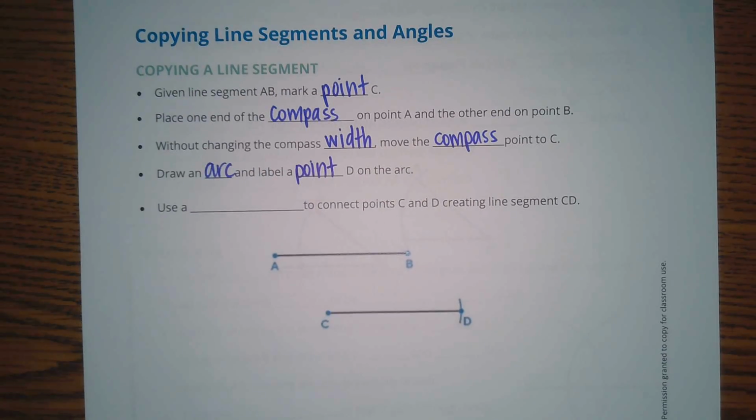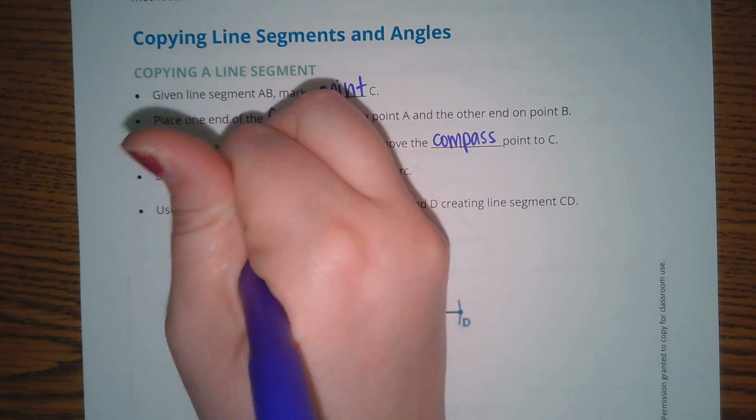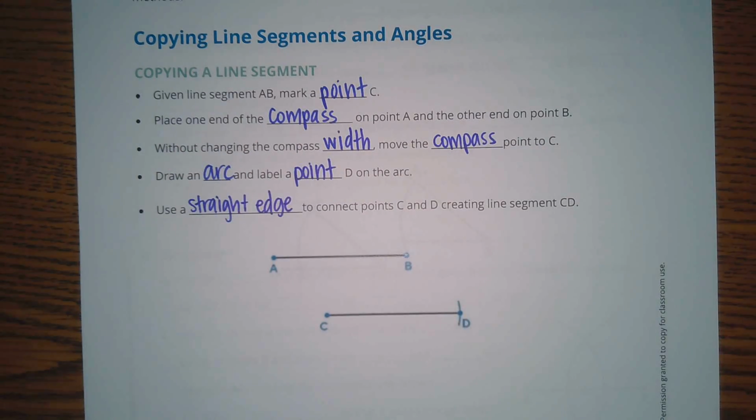Then you're going to use a straight edge to connect points C and D and create a line segment CD. Now a straight edge could be something like a ruler or the flat edge of a protractor. All of those are great options for a straight edge.